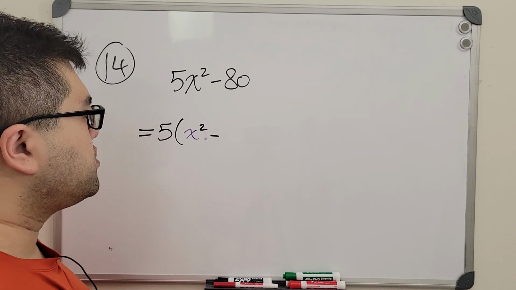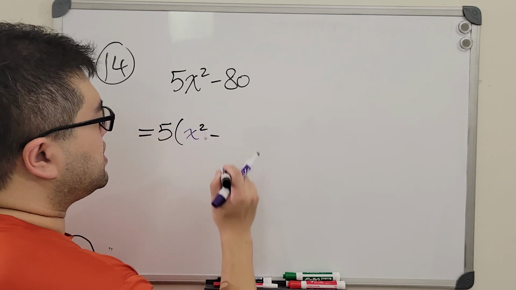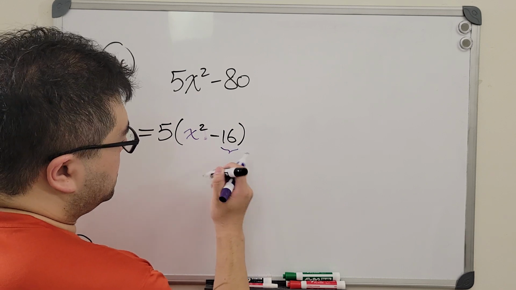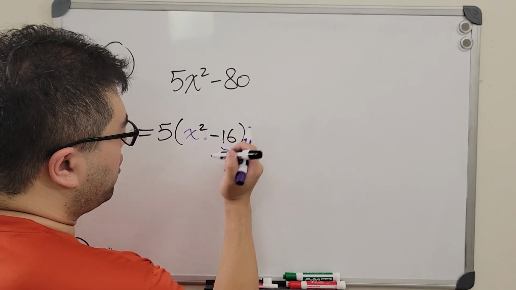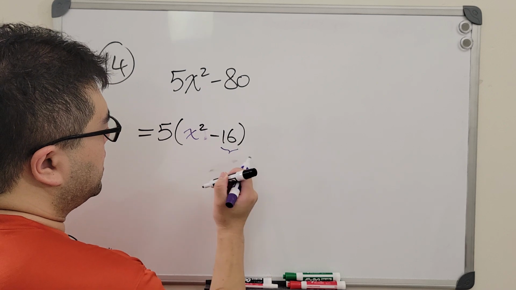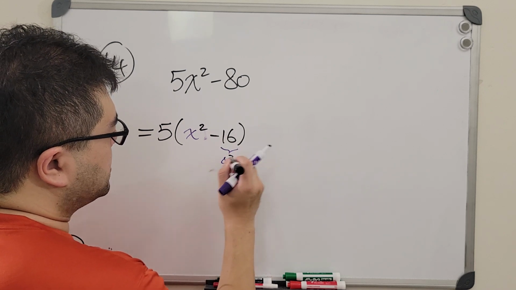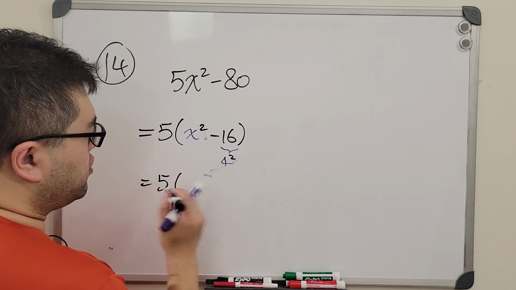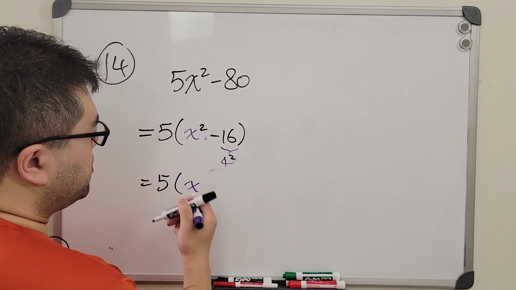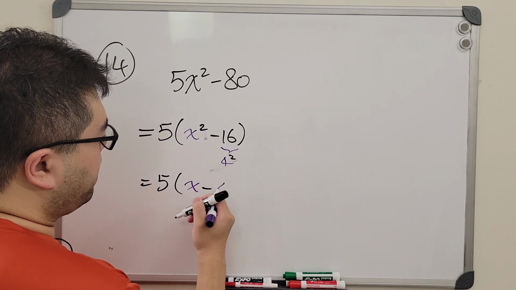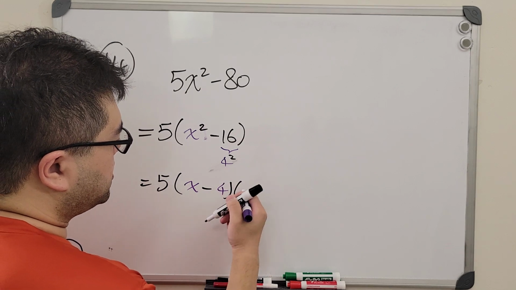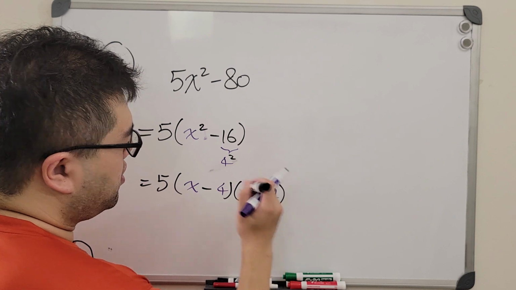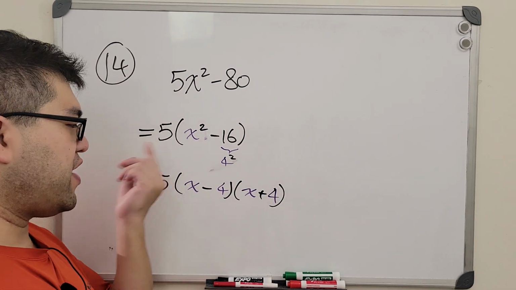And then for the second term, we have 16 left. But what is 16? 16 is just the square of 4. So in other words, we have x squared minus 4 squared inside of the parentheses. So we can use the formula to get x minus 4 times x plus 4. And then don't forget we have the times 5 at the beginning.